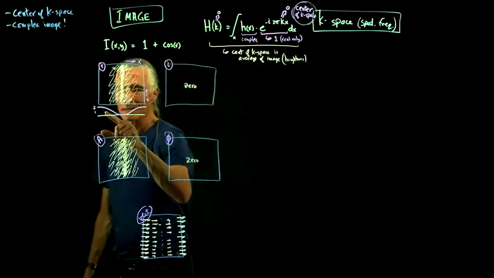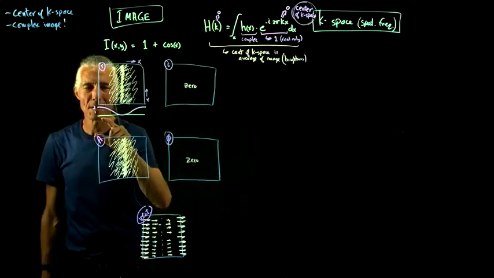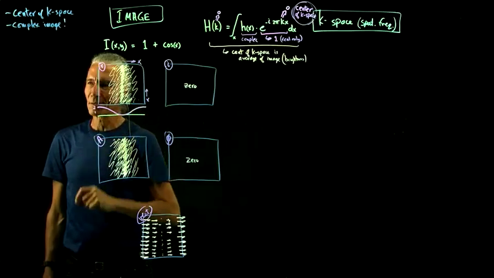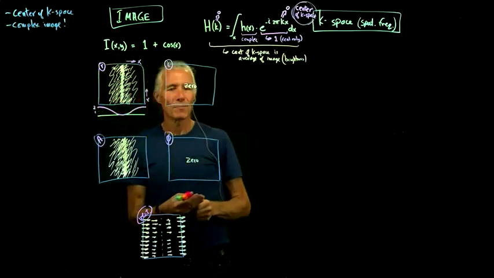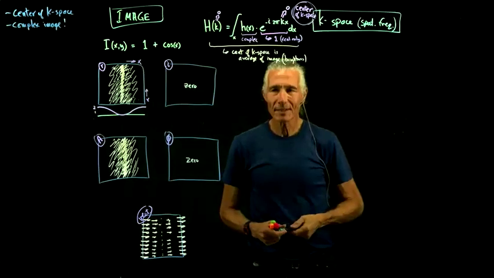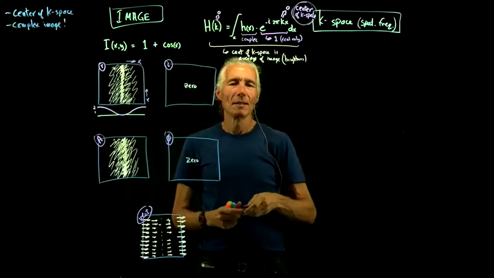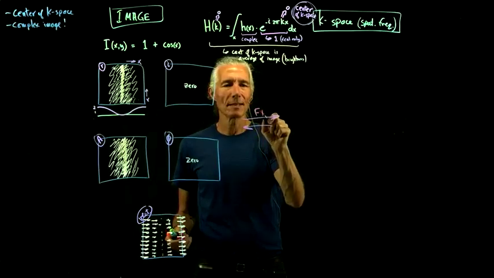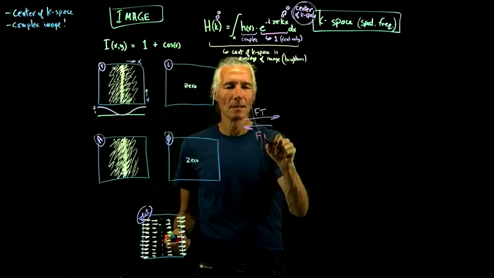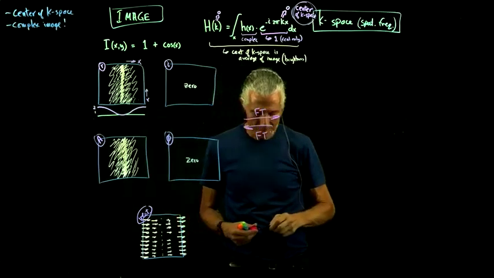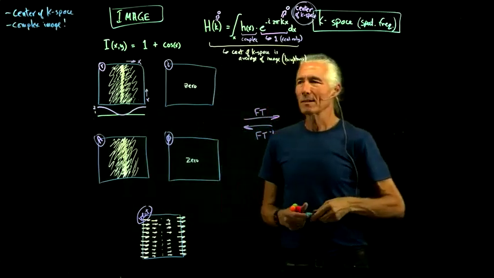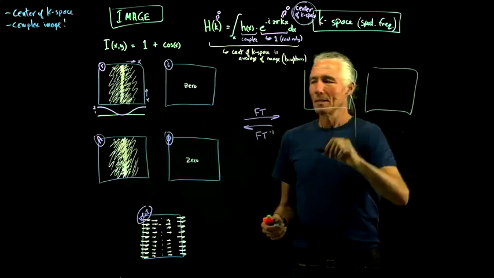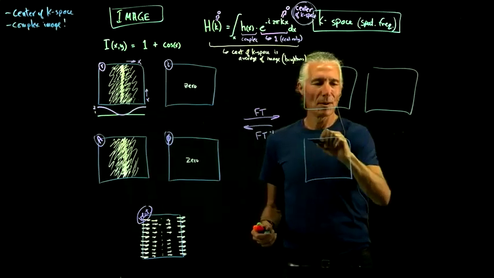What's the average of this one? It's going to be 1, because the average of a cosine was 0, and then we just added 1 to it. And so when we Fourier transform this, we're going to end up with a k-space center point. What will that look like in our 5-point diagram? It will just have one more point in it.